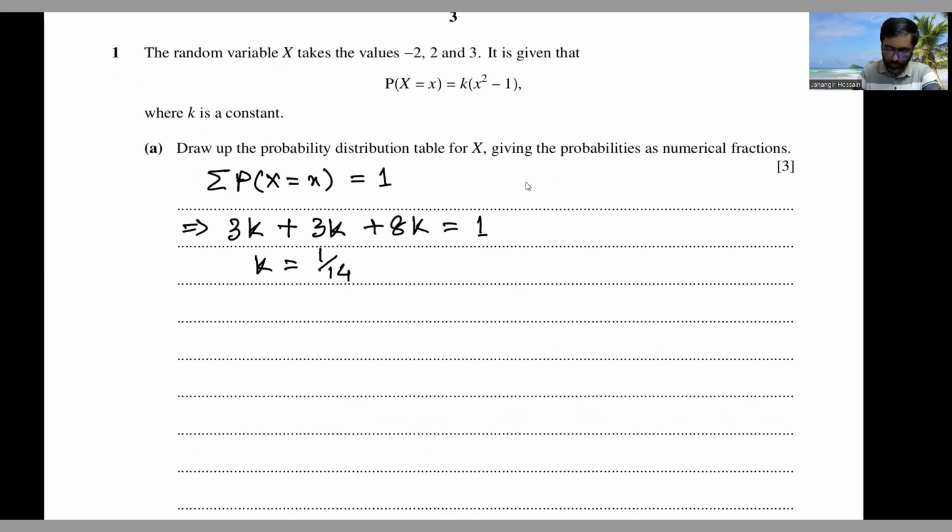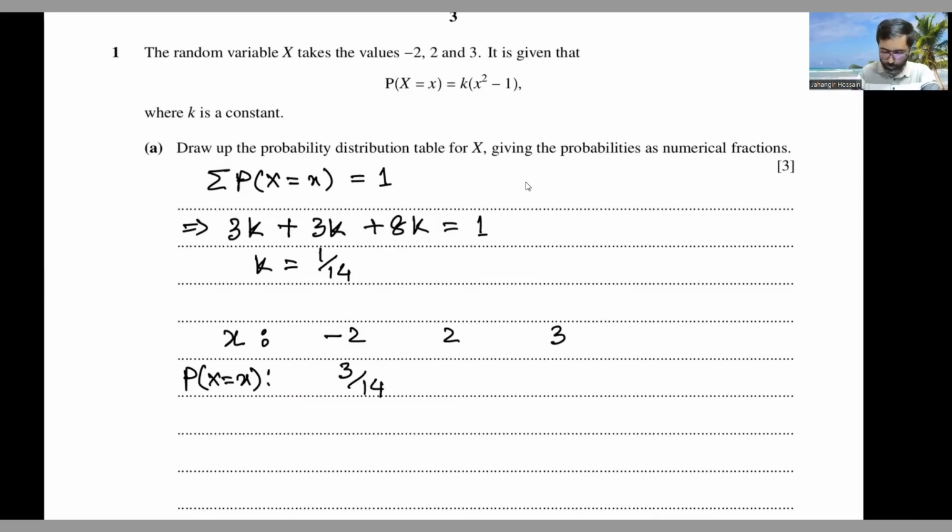Once you know the value of k, you form the probability distribution table. In the table, we need to state all the values of x and the corresponding probabilities. When x is -2, the probability is 3k, so that's 3 by 14.